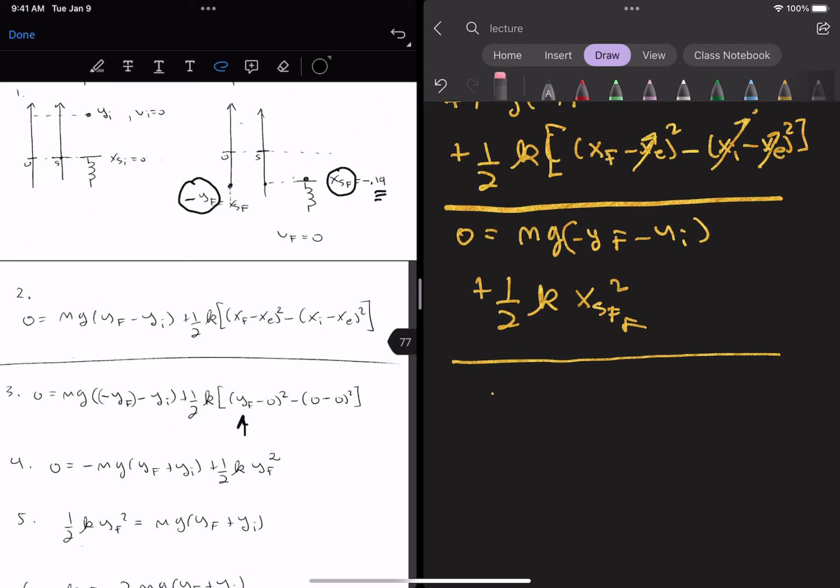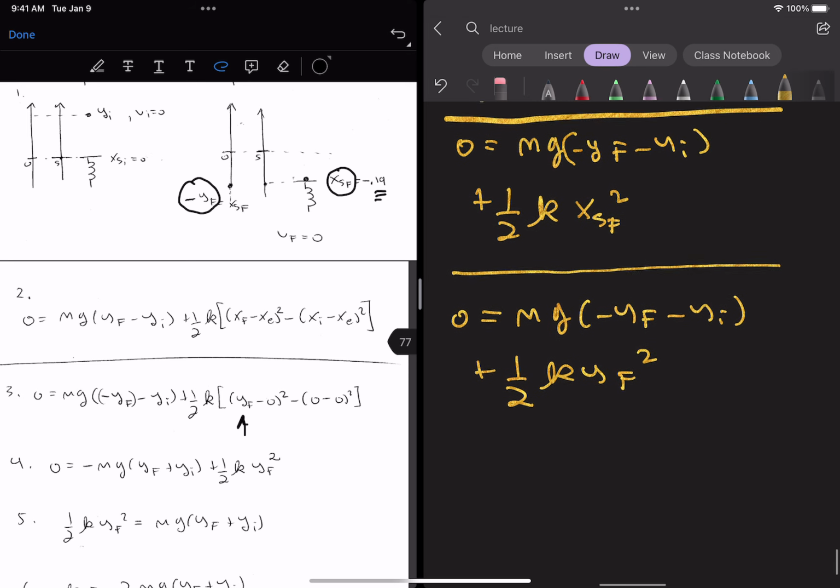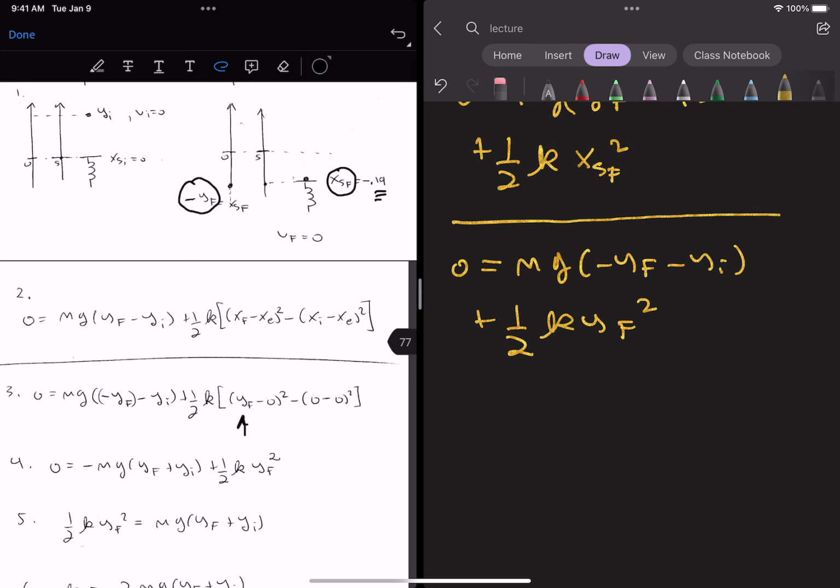Then this equation simplifies further to 0 equals mass times gravity multiplied by negative y final minus y initial, plus one half k y final squared. Doing the algebra, taking out the common negative factor and moving things around, this becomes one half k y final squared equals mass times gravity times y final plus y initial.